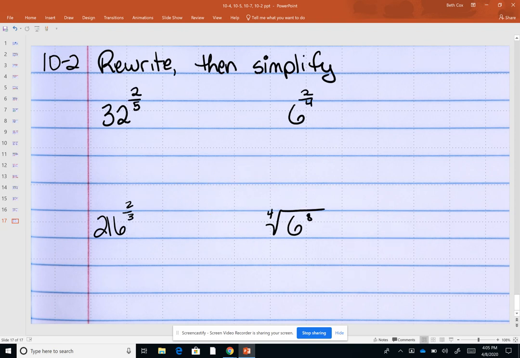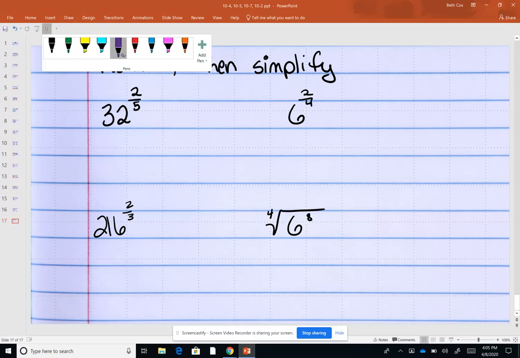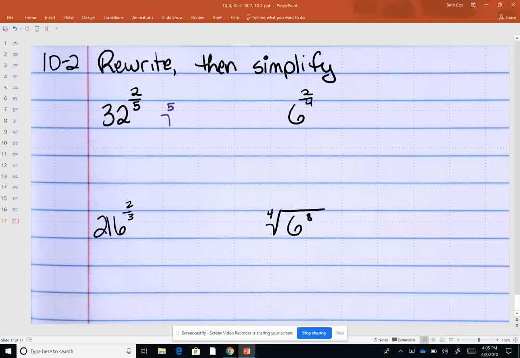All right, so we're going to rewrite, and then we're going to simplify. Okay, so now this first one is going to rewrite into the 5th root of 32 squared. Okay, the 5th root of 32 squared.